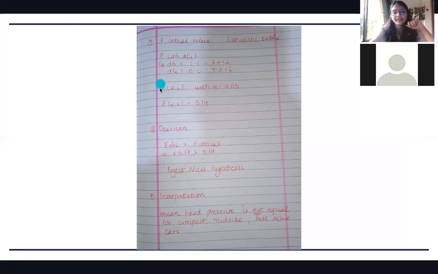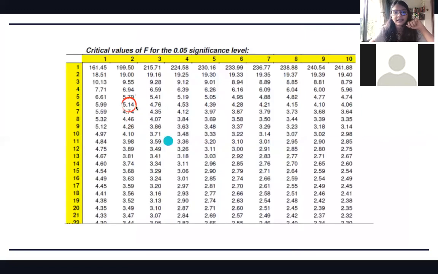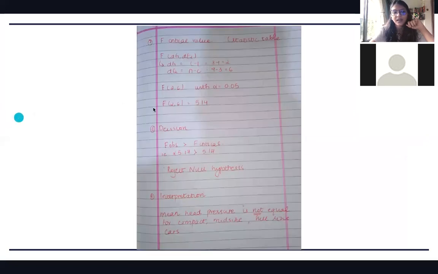So that is 6. So you get F 2 comma 6 with your alpha given as 0.05. If you see the statistics table, you need to find F 2 comma 6. So 2 comma 6 is basically 5.14. So your F 2 comma 6, you got it as 5.14.